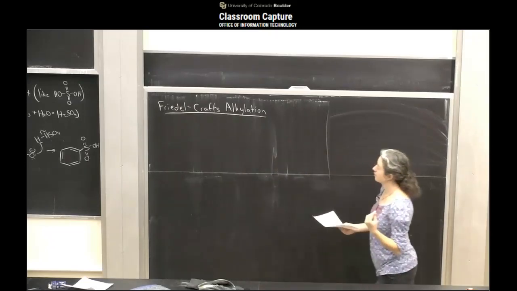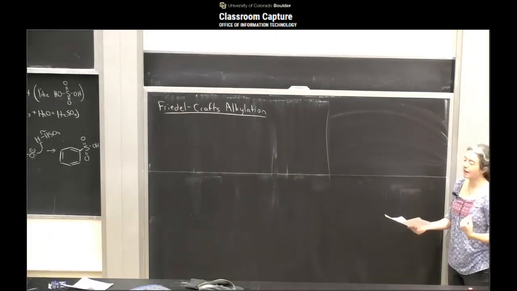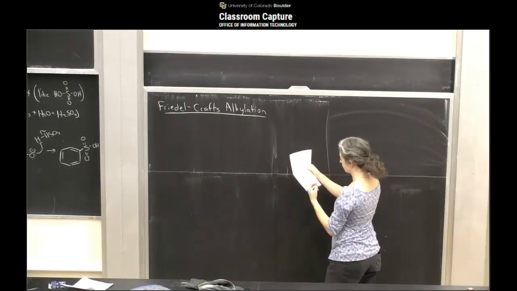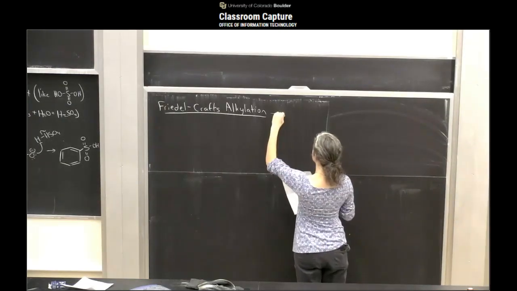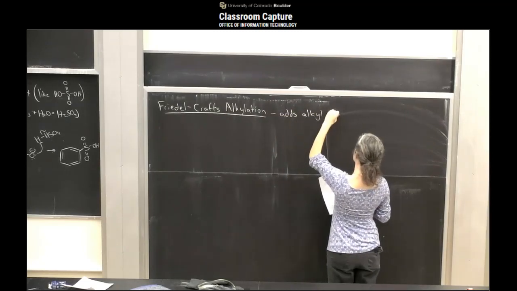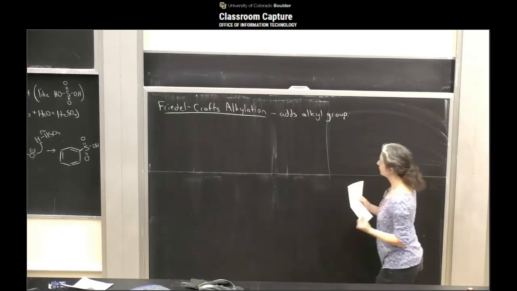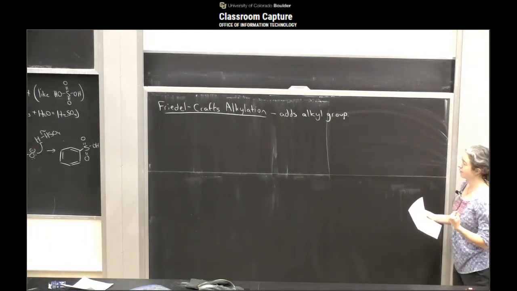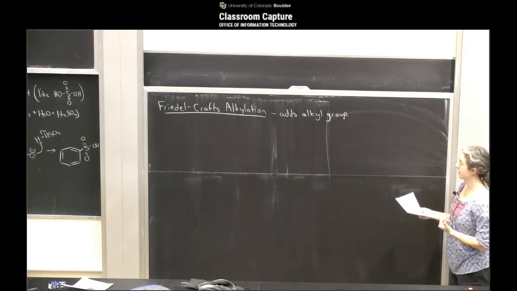So kind of like the name is implying, we're sticking an alkyl group onto the ring. Okay, so there's a few different ways to generate an electrophilic alkyl group.